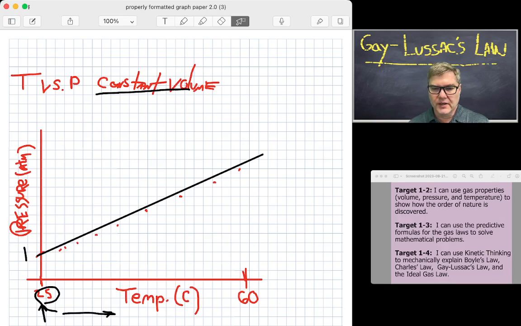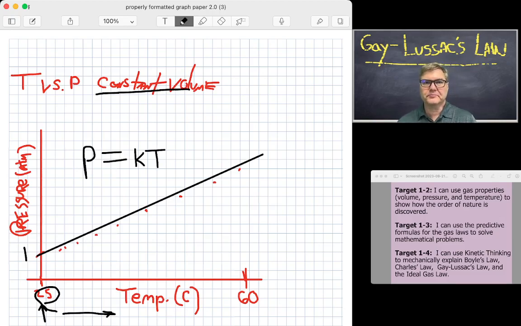Pressure is equal to K T. All right, that would be the most general form of this equation.